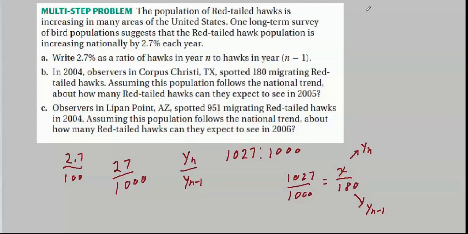We get that x times 1,000 equals 180 times 1,027. I'm tempted to write 10 to the third. You guys probably don't use that notation very often, so let's just use 1,000.